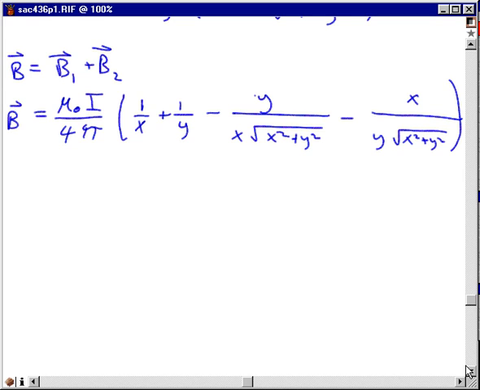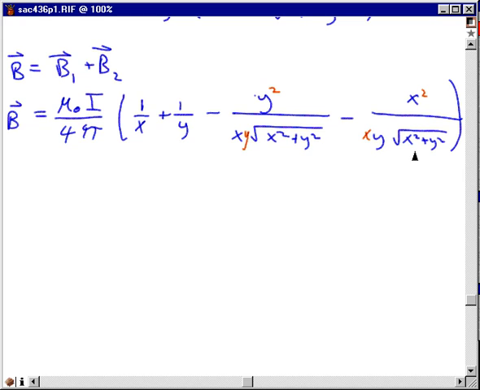I think I'll put those last two pieces over a common denominator. So let's multiply upstairs and downstairs by y in this case, and upstairs and downstairs by x in this case.